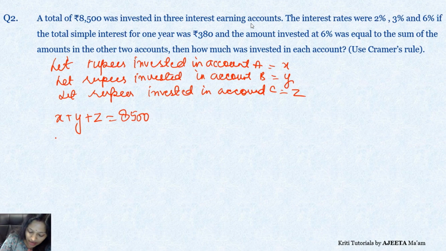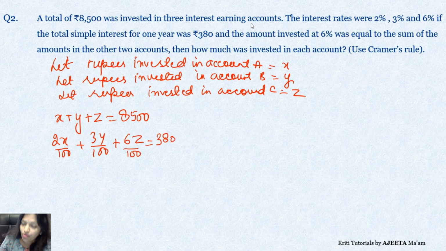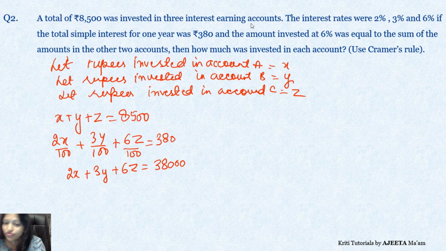So 2% of X, 3% of Y plus 6% of Z makes up 380. Now you can remove these fractions by simply taking the LCM and taking the 100 to the other side. That will ease your calculation. So we have just rewritten. This is first and this is second.